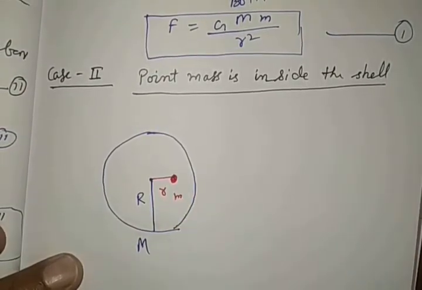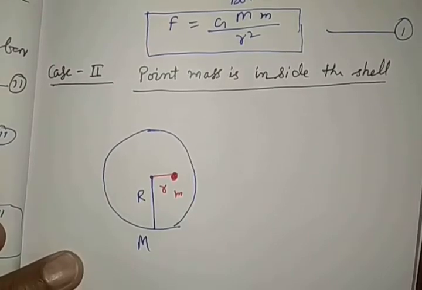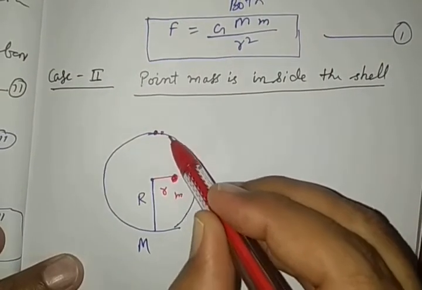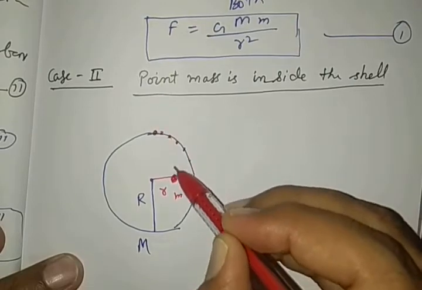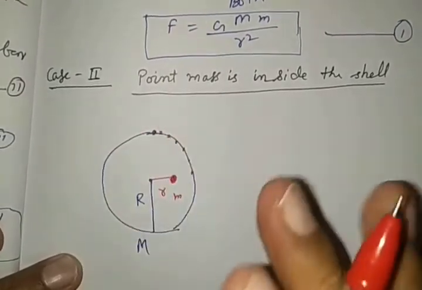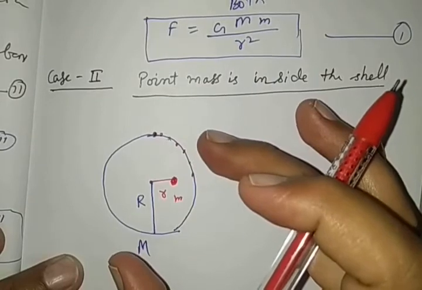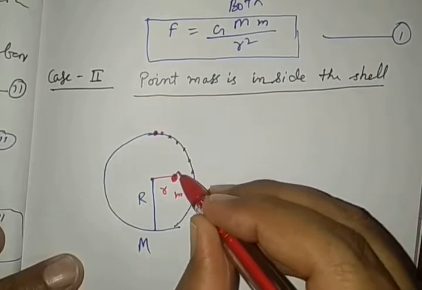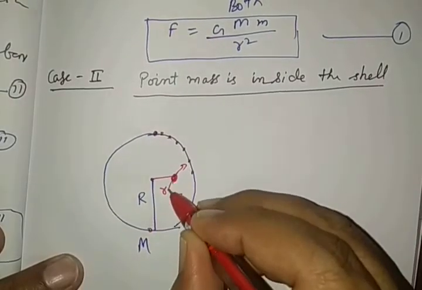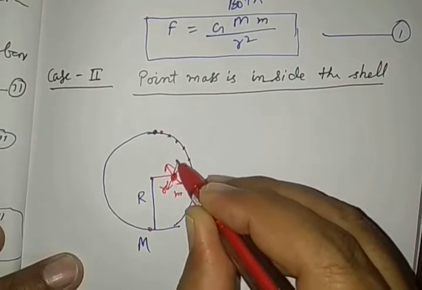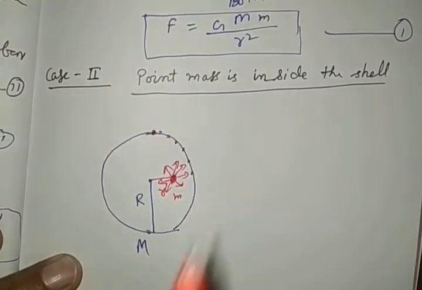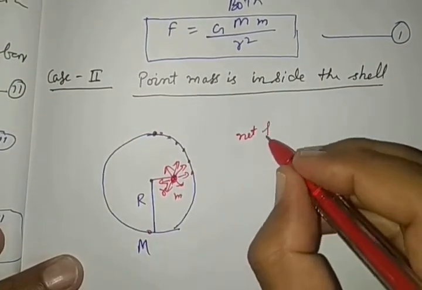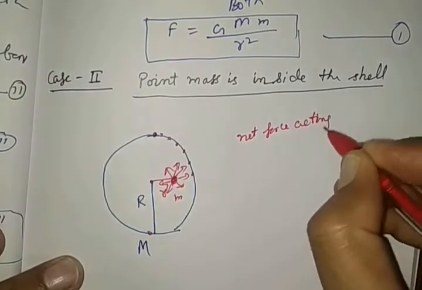If it is inside the cell, see carefully. The spherical cell is a 3-dimensional hollow sphere, and mass is distributed on it. So the point mass will be attracted in all possible directions.